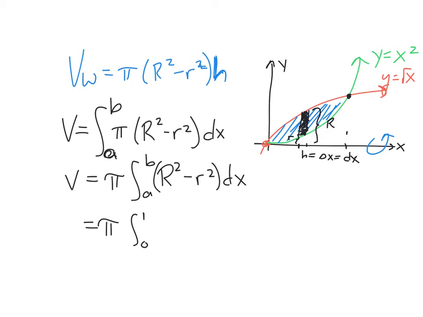Big R is the distance from the x-axis to the red function, the radical function, so that's radical x squared, minus little r, the distance from the x-axis to the green function, and that's x squared squared, dx. From there, you are going to either evaluate the integral by hand or use a calculator, and we should get 3 pi over 10.